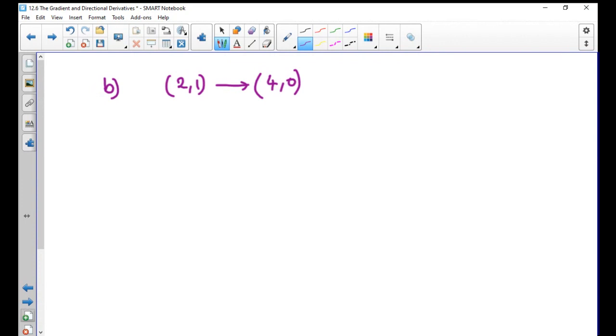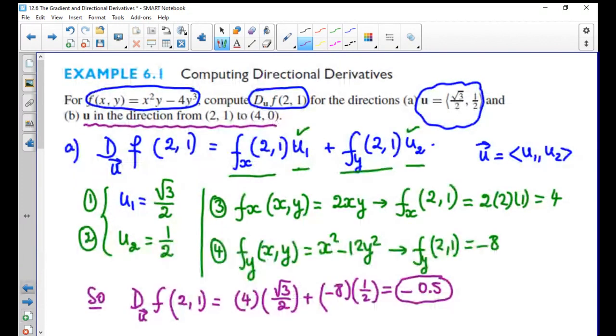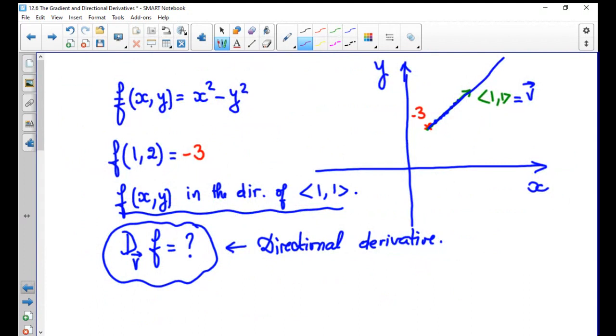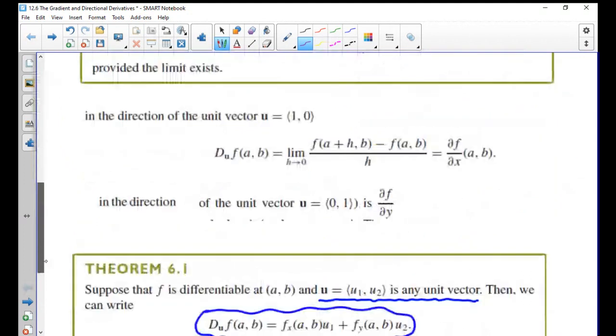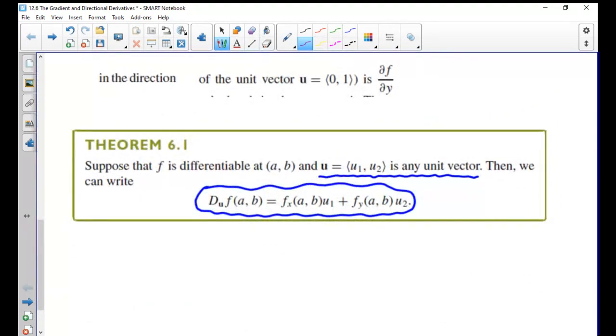Okay, so here, what do we need to find first? Let me go back to the rule. Remember, when you want to use the rule, you need the partial derivatives, fx and fy, and you also need the unit vector u1, u2.